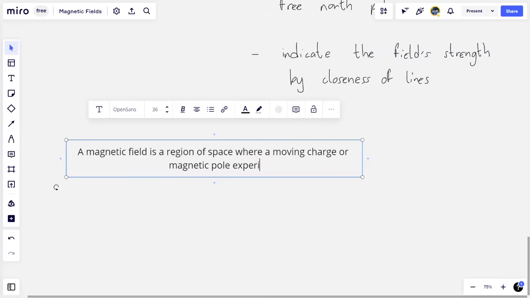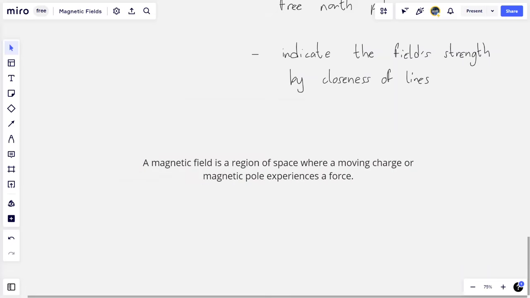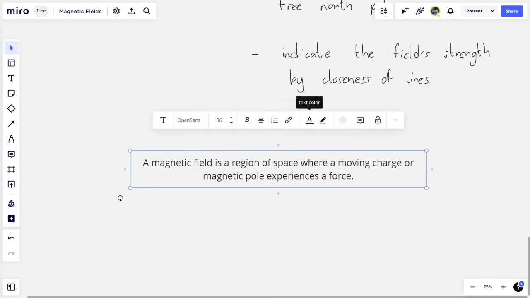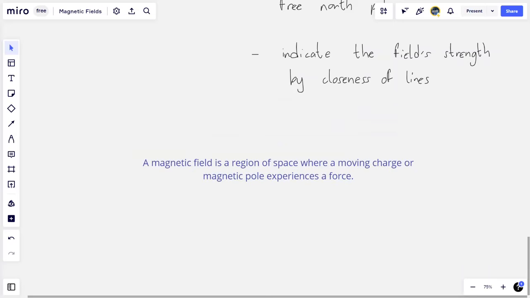experiences a force. Why can't I say just charge? Why can't I simply say charged particle? Why do I have to say moving charge? Well, that's purely because by saying a charged particle, we could also be including stationary charged particles. If a stationary charged particle is feeling a force, it's not necessarily feeling a magnetic force, it could be feeling the electric force.